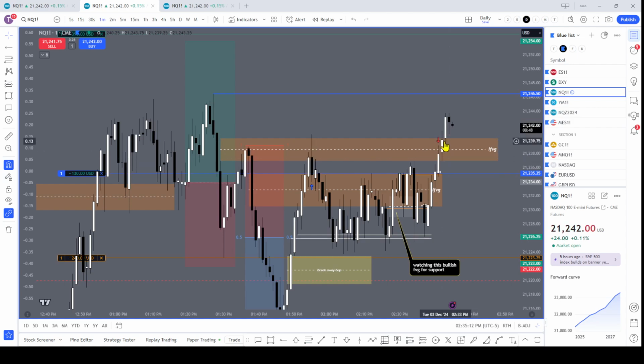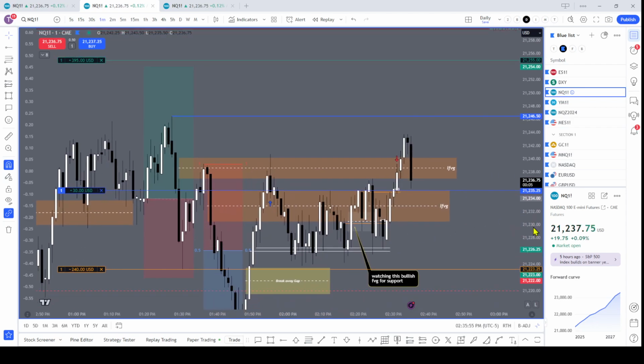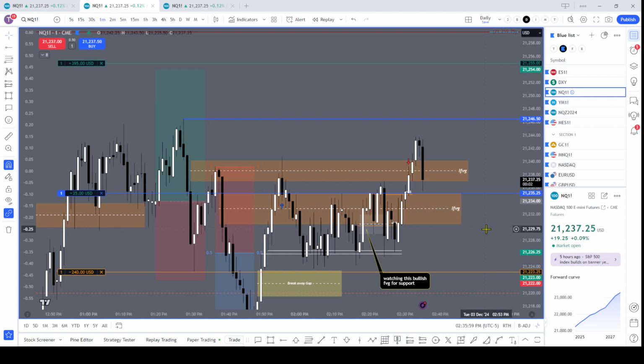Not to mention these volume imbalances. And because today is as choppy as it is, that doesn't change my mind.